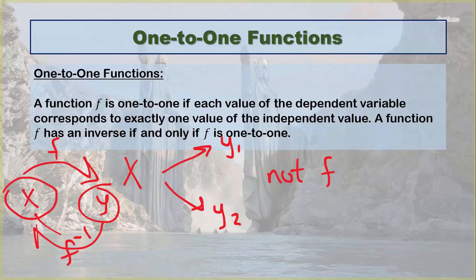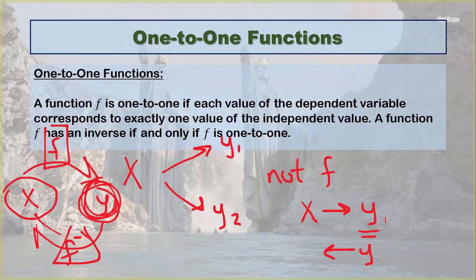So the y values that you got out of f are what you use to plug into f inverse. So if you know that it's one-to-one, so x goes to a specific y, and you only have one y there, and it goes back to a specific x in the inverse, then it's one-to-one.